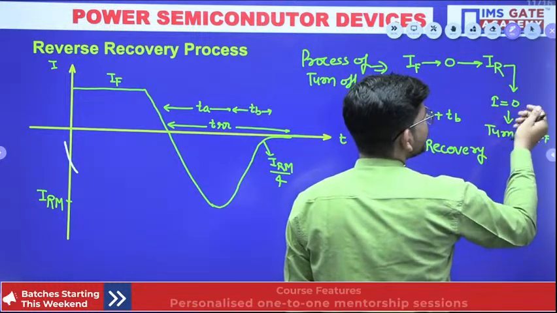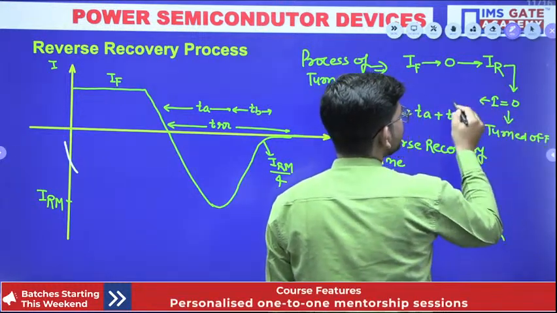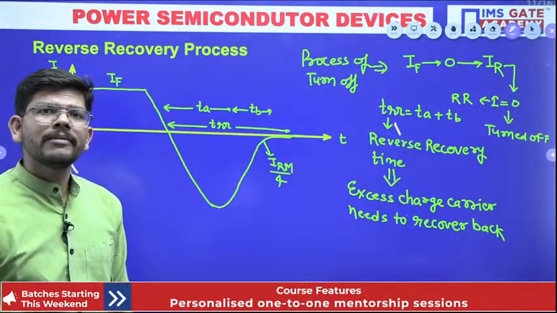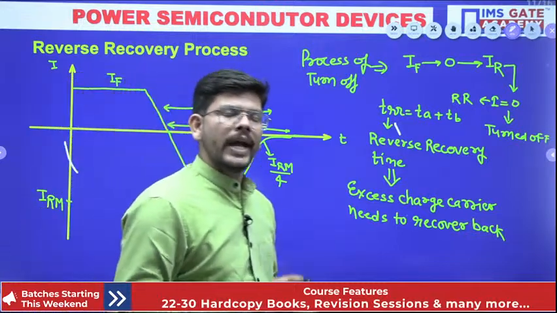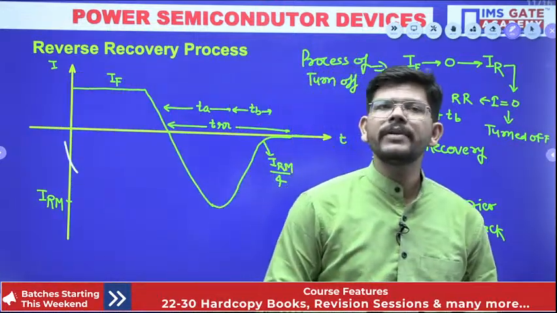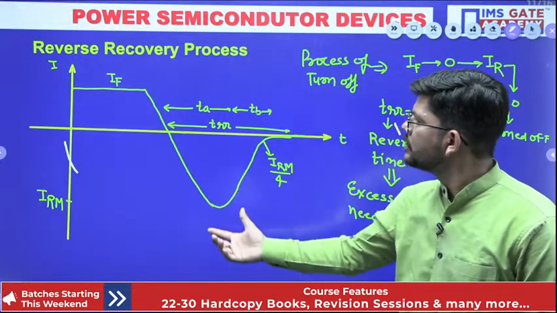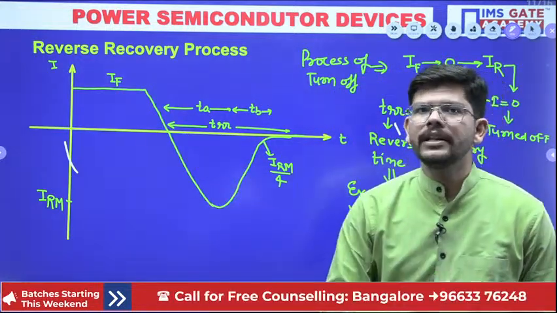Okay, this is the process when reverse recovery is happening. So this is how the device gets into the off stage. Any power semiconductor device, when we are turning it off from the on stage, will have the reverse recovery process; it needs to be there.